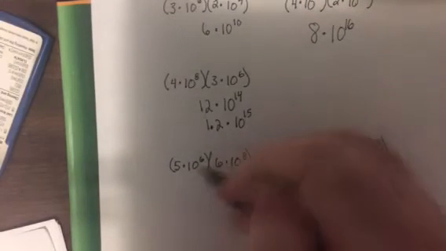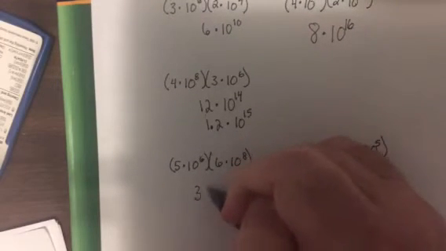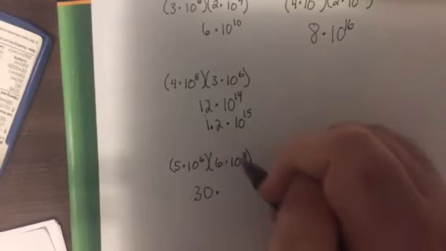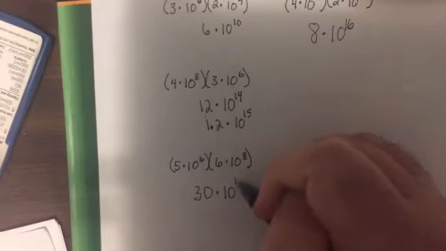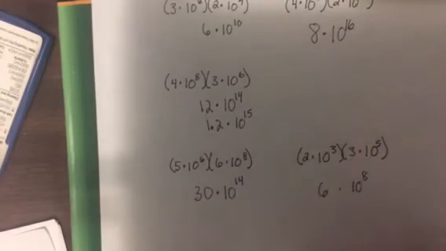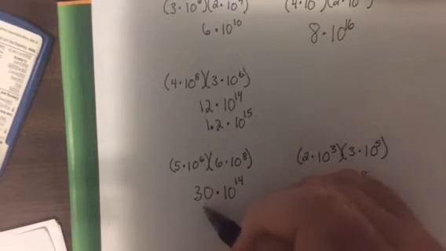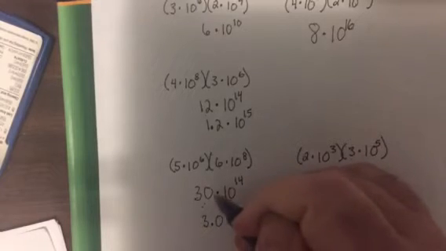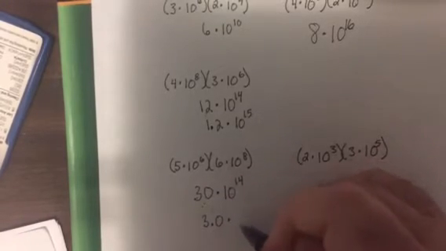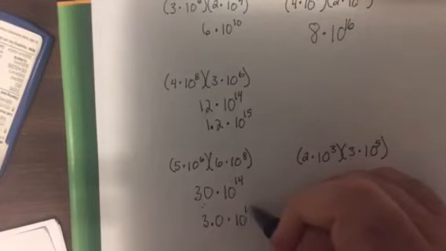This one, you'd have 5 times 6 is 30, times 10 to the 14th. But that one is not between 1 and 10, so I divide it by a 10. But to keep it balanced, if I divided this by 10, I got to multiply this by 10 or add to the power.